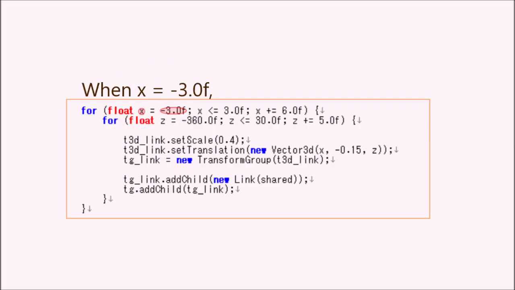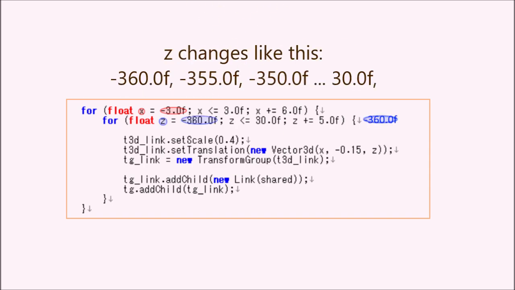When x equals -3.0f, z changes like this: -360.0f, -355.0f, -350.0f, and so on up to 30.0f.